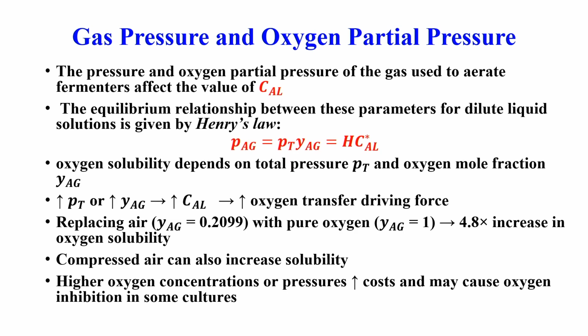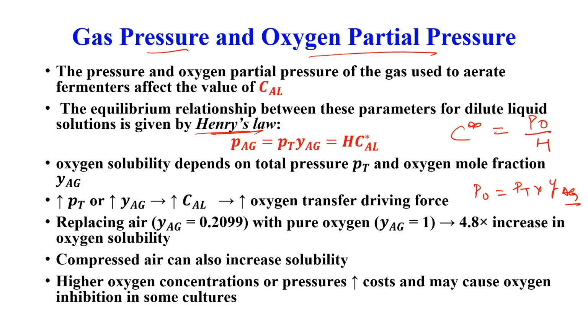And when we are talking about temperature, we can also discuss the gas pressure and oxygen partial pressure. We have already discussed Henry's law. It says solubility is proportional to the partial pressure divided by the Henry constant, and partial pressure is a function of total pressure times mole fraction.